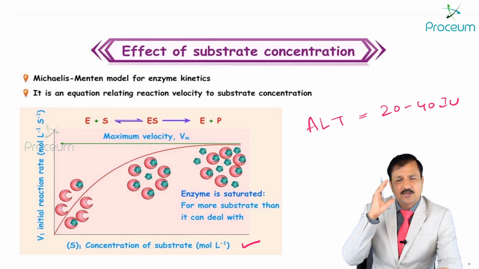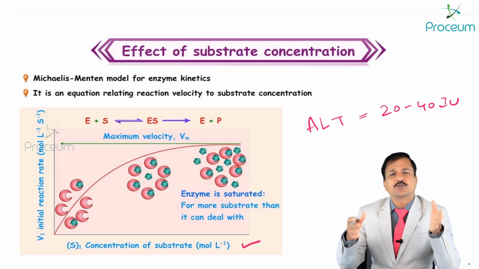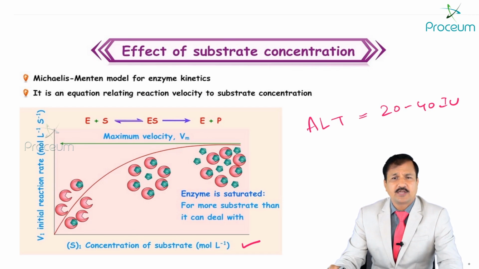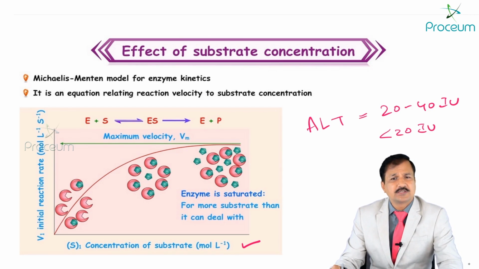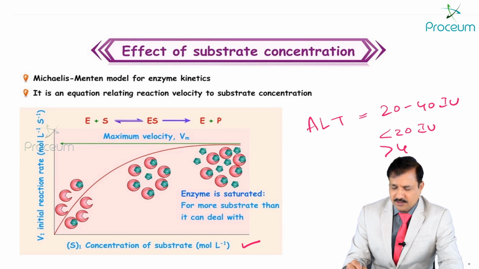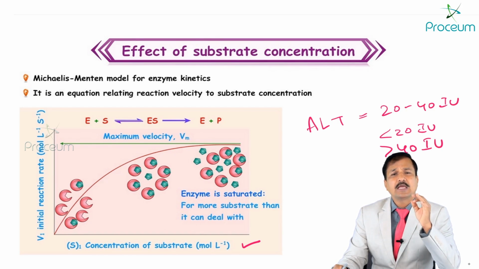So whether we measure alanine transaminase in one person or another person, it should be in the range of 20 to 40 international unit. If there is less than 20 international unit, that's the deficiency of enzyme. If it is more than 40 international unit, it is an excess of an enzyme. These are abnormalities.